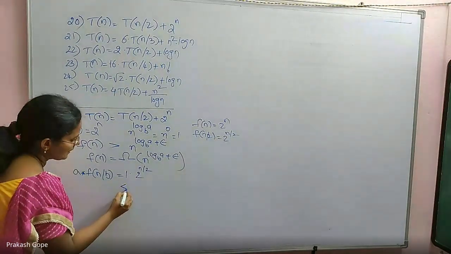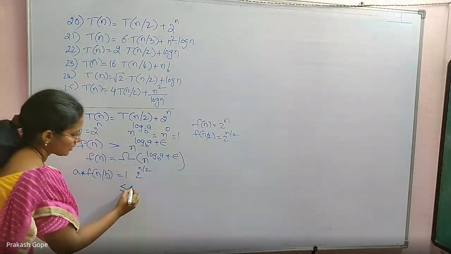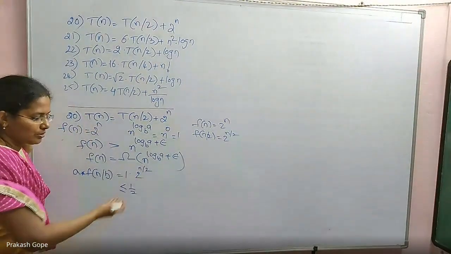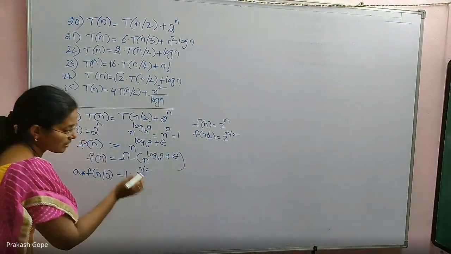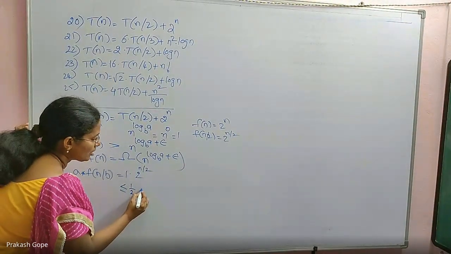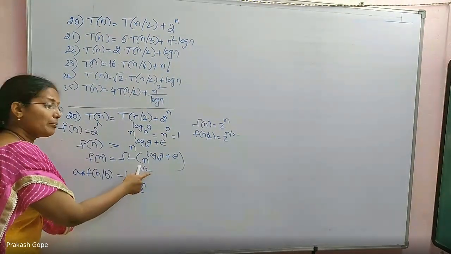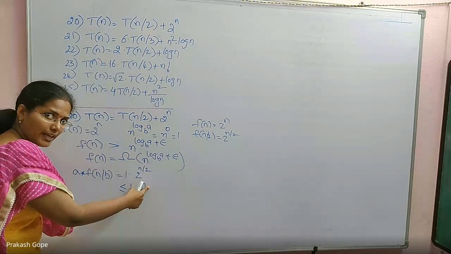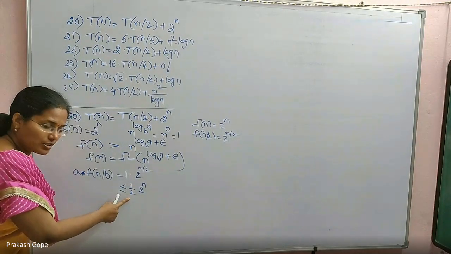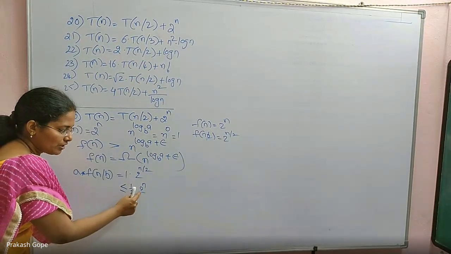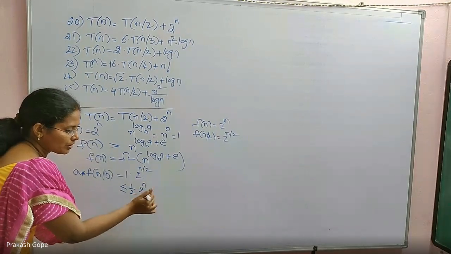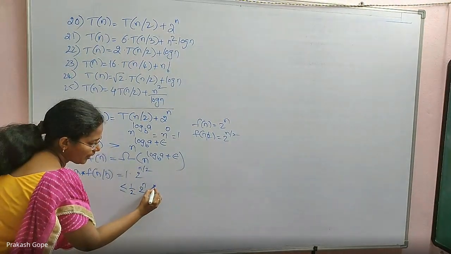So a is 1, f of n by b is 2 power n by 2. Isn't this less than or equal to some constant into f of n, which means 1 by 2? It can be any constant. What is f of n? 2 power n. See, this is 2 power n by 2, which means this is equal to 2 power n minus 1.